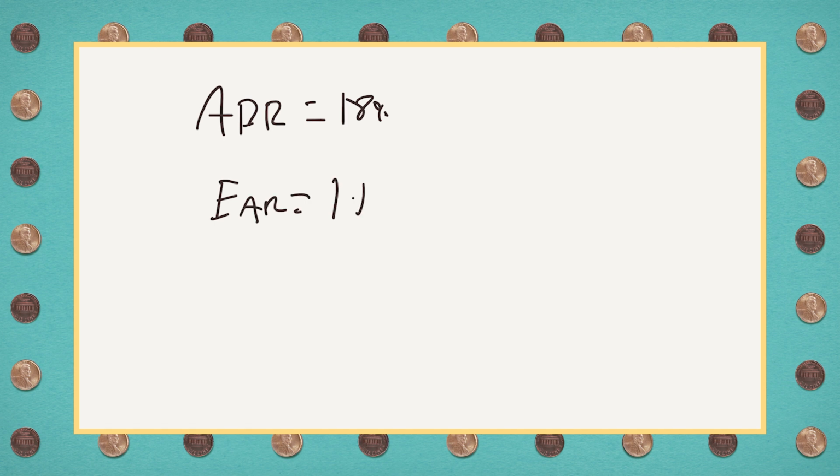We know our APR is 18%. So let's apply our EAR formula to determine what the EAR would be. So that's going to be 1 plus our APR over M, the number of periods in a year, and we're looking at months, to the power of M minus 1.